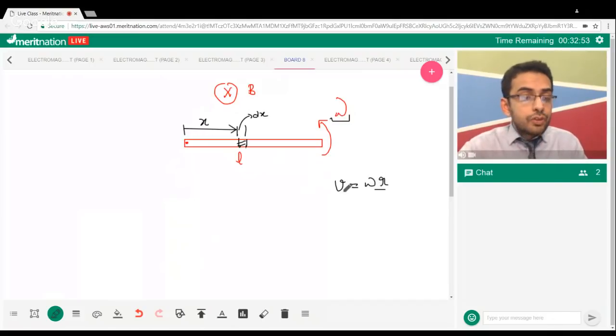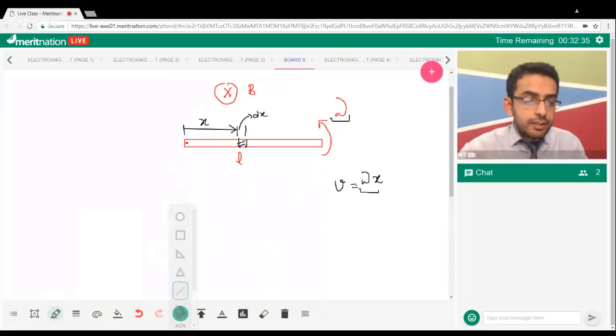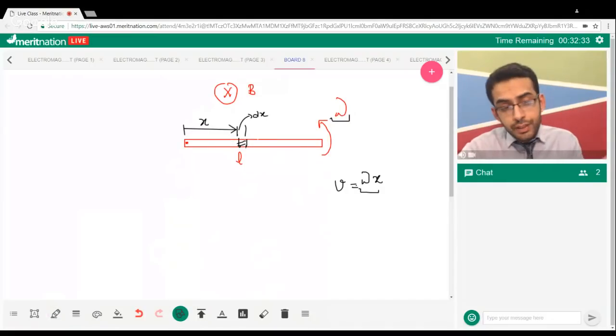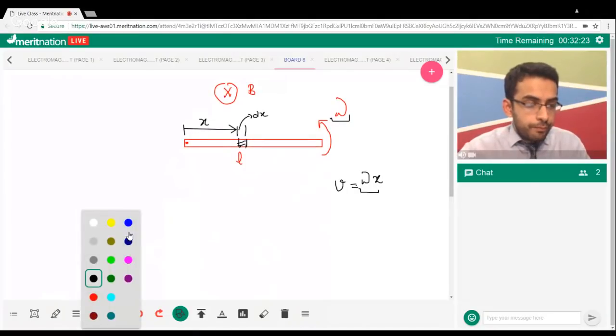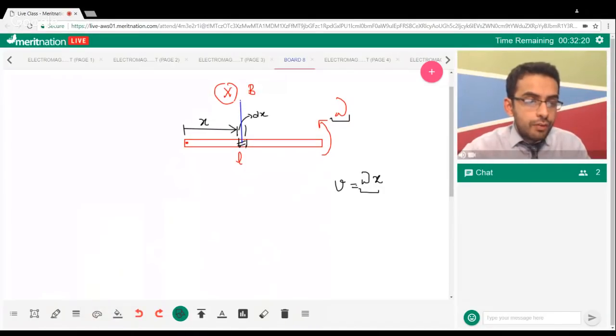So here, the velocity of the given element will be equal to omega times x. Omega times x. And what's the direction for that? Yeah, the direction is vertically upwards, like this. So this is the direction of velocity omega x.